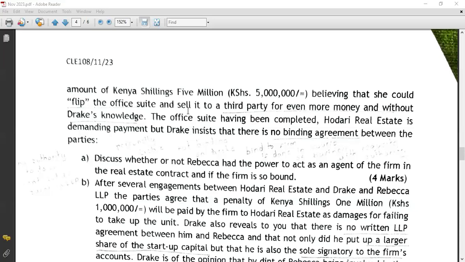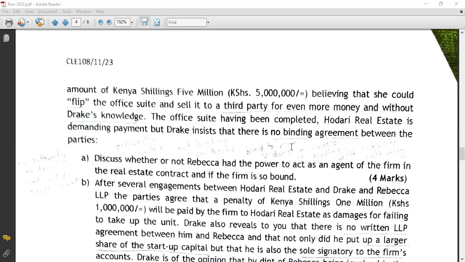Yes. So you start with section 11(1) of the LLP Act. You say that a partner of the limited liability partnership is an agent of the limited liability partnership. However, section 11(2), a limited liability partnership is not bound by anything done by a partner in dealing with a person if the partner has in fact no authority to act, or the person knows that the partner has no authority, or does not know or believe that person to be a partner of the limited liability partnership.